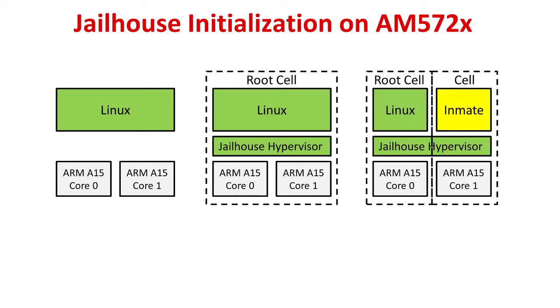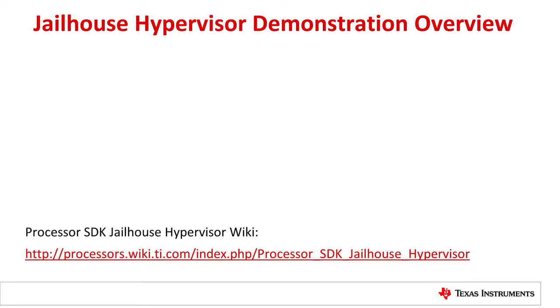When a new cell is created for the inmate, Jailhouse Hypervisor calls CPU_down for the ARM1 core, leaving Linux on ARM0 only. The new cell uses the ARM1 core and hardware resources dedicated for this cell as defined in the cell configuration file. Now let's proceed to the demonstration.